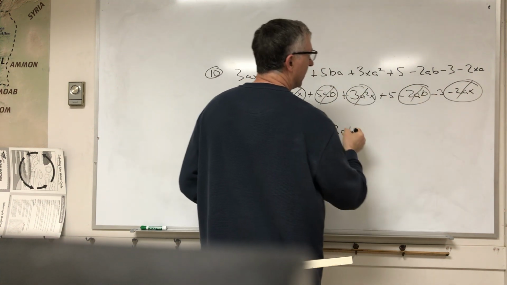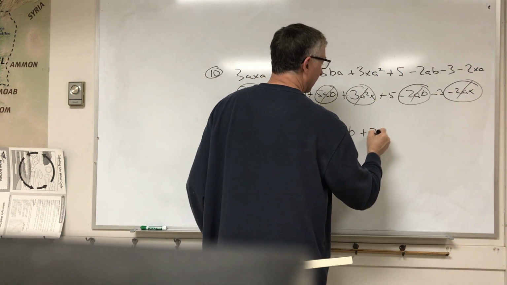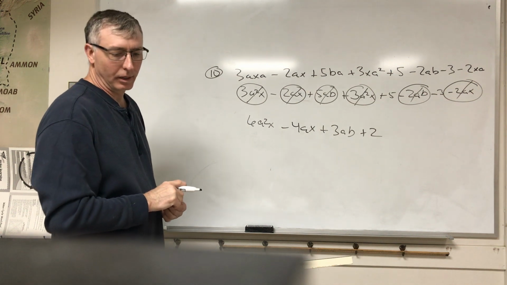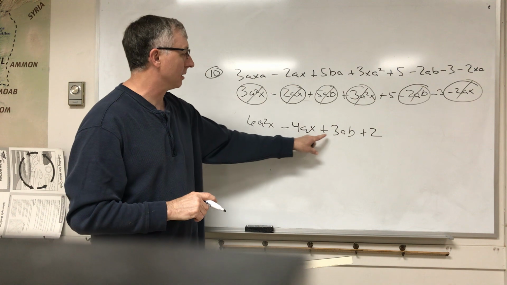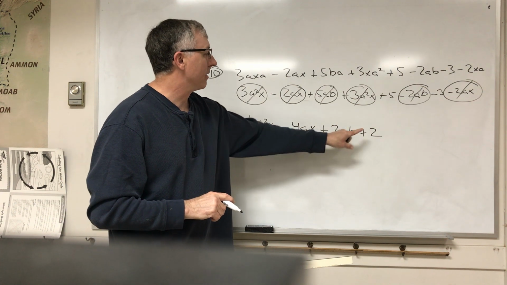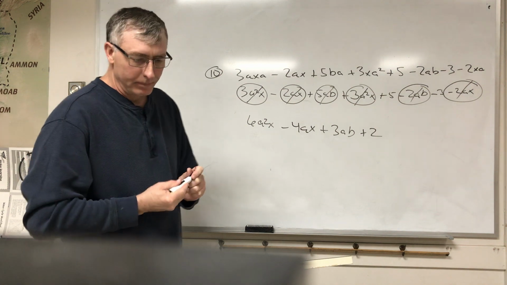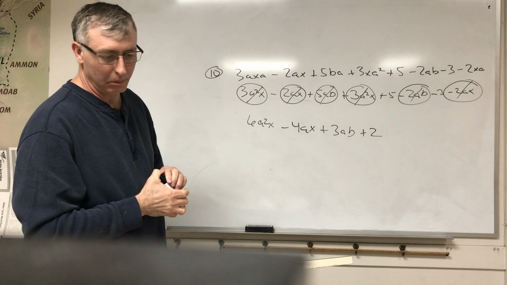And then I have a 5 minus 3, so that's a positive 2. My answer for number 10 would be 6a squared x minus 4ax plus 3ab plus 2. Again, those are lesson 91 problems.